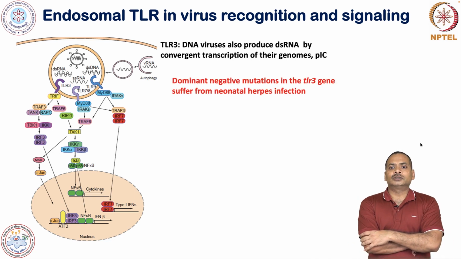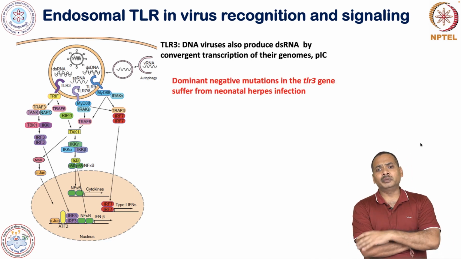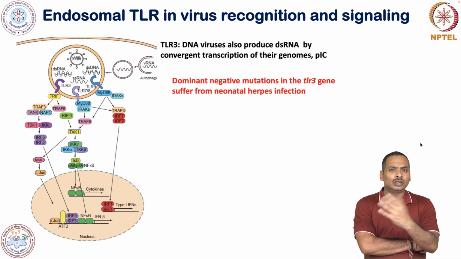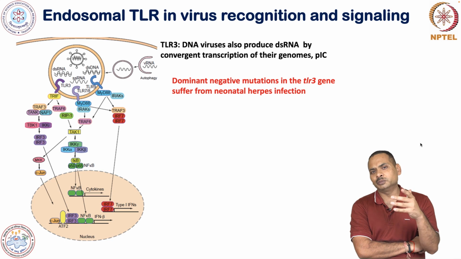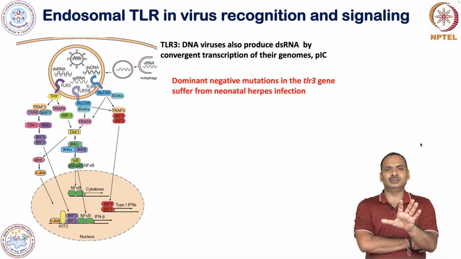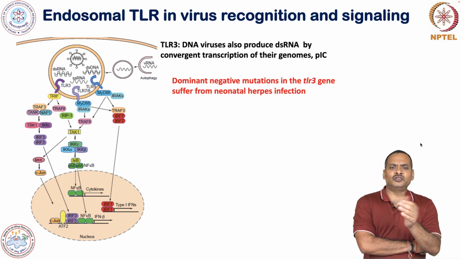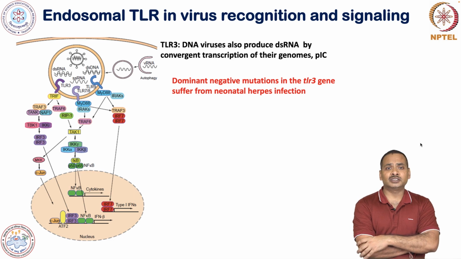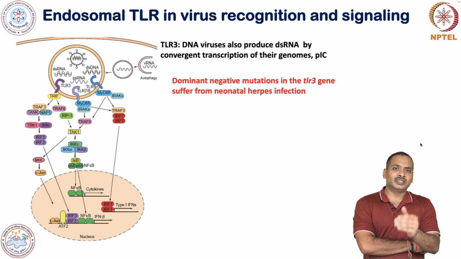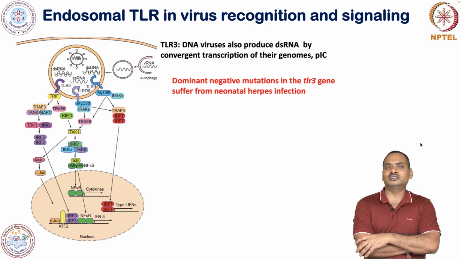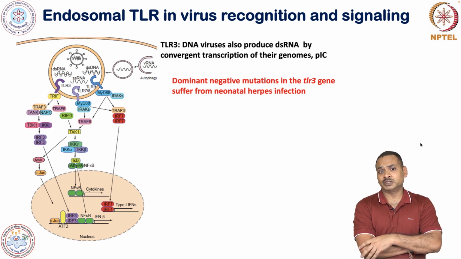There is a study that a dominant negative mutation, so TLR3 will not be functional for the time being, results in neonatal herpes infection. Herpes is a DNA virus, but if there is a mutation in TLR3, it will result in neonatal herpes infection.